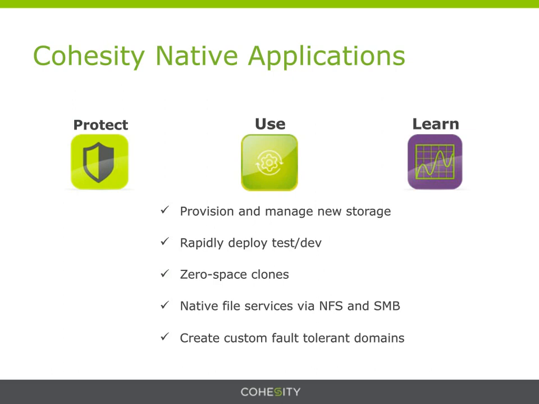We're going to rapidly deploy test/dev environments that could be one or many virtual machines and one or many data sets, all inclusive. Our new technology that we have here is called SnapTree. And SnapTree allows you to do zero-space clones at no performance or capacity overhead until you start writing to it in a cloned environment. But just by nature of creating the cloned environment, you are not consuming any additional space.